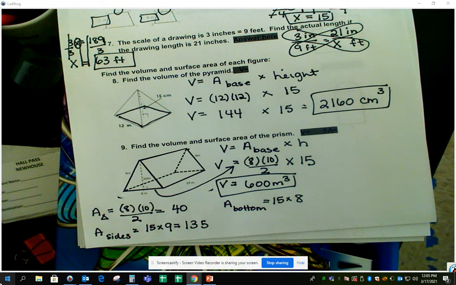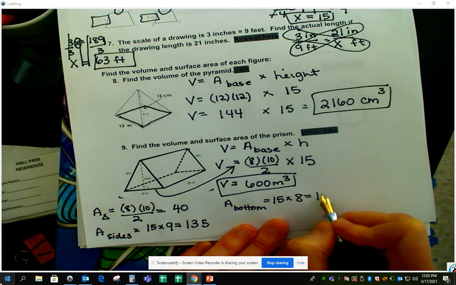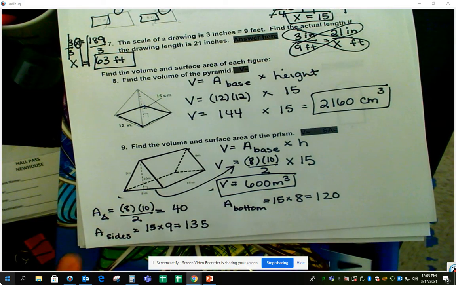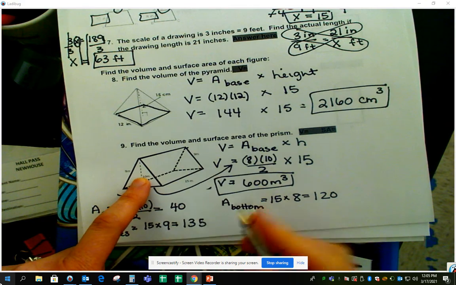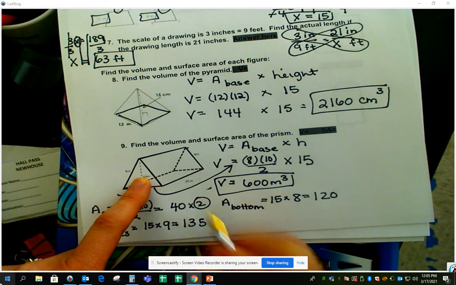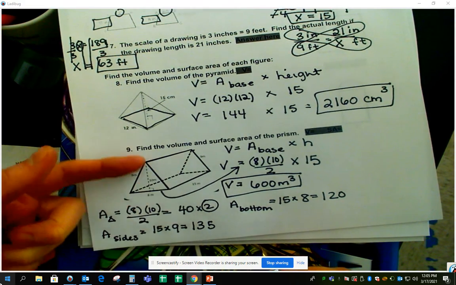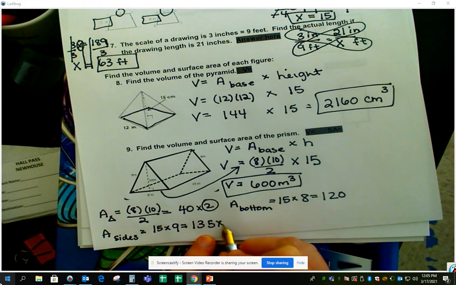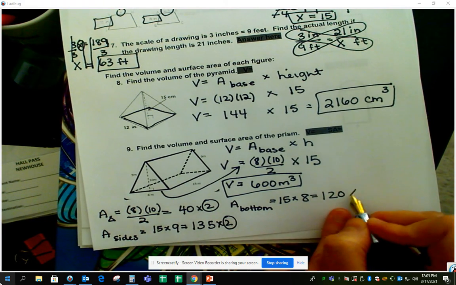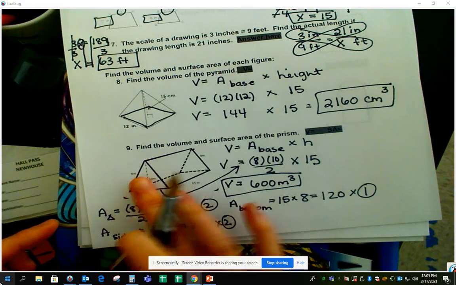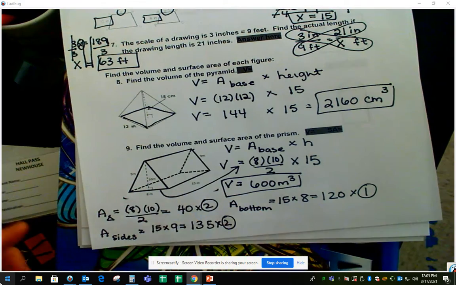120. Okay, so there are two triangles, so we're going to multiply that by 2. There are two sides, so we'll multiply that by 2. And there's one base. Okay, so now we've got our 1, 2, 3, 4, 5 sides.